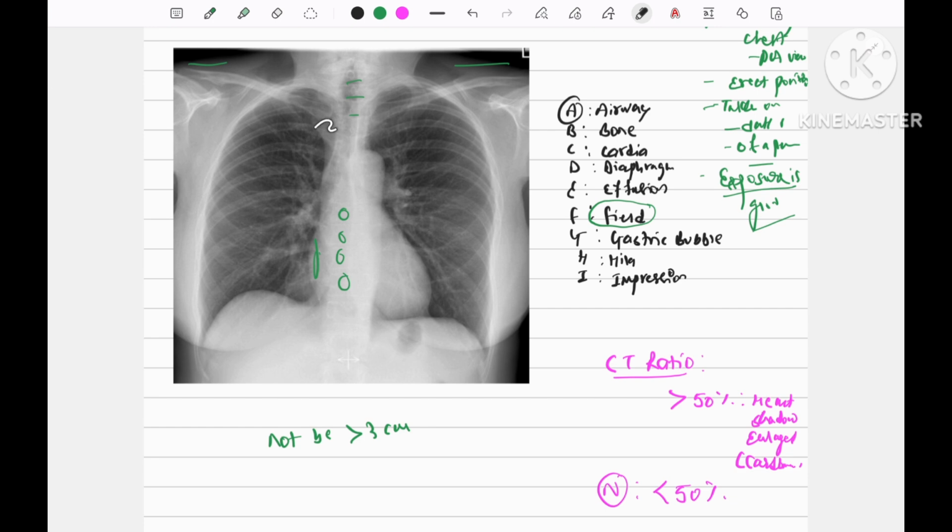And if it is a case of tension pneumothorax, then we will explain that I can see there is no bronchovascular marking present on the right side of the chest. We have to mention the side of the chest. There are no bronchovascular markings present on the right side, and the visceral pleural line is present on the right side. So my provisional diagnosis is pneumothorax. In this way we have to explain.